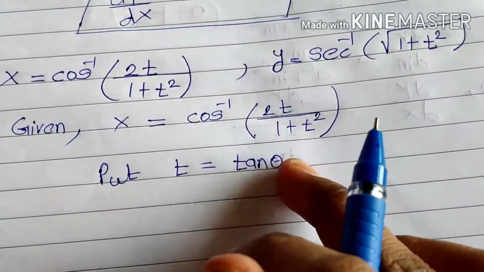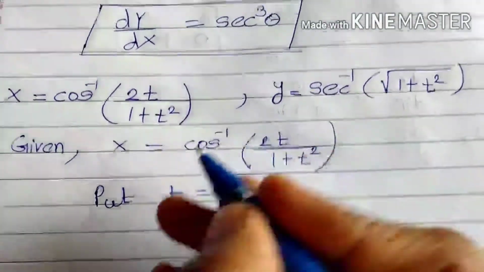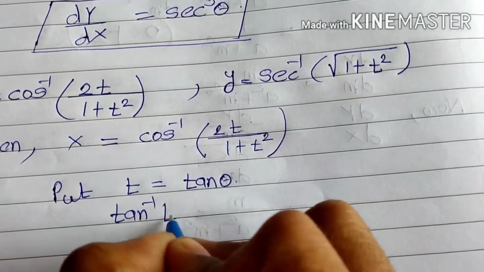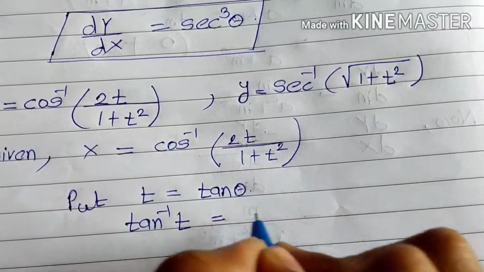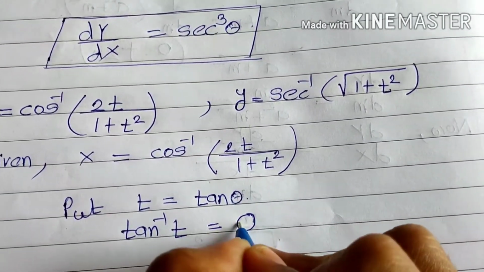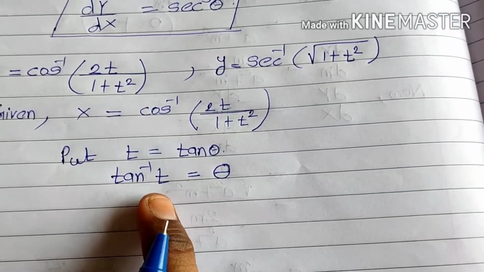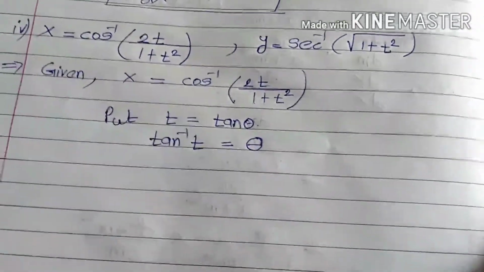So put t is equal to tan theta, then theta is equal to tan inverse t, which is helpful.